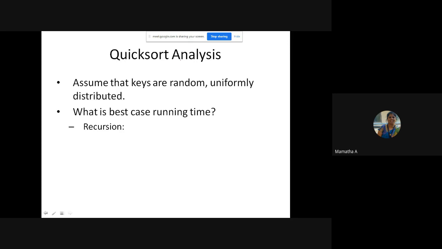That means to say, if you could guess, exactly two halves or almost two halves, the pivot will be occupying which position in the array? Mid, ma'am. Mid position, very good. So the pivot will be partitioning the array into two subarrays of size n by 2.